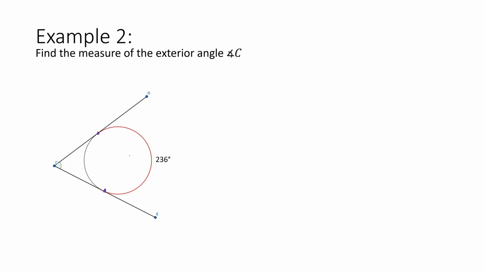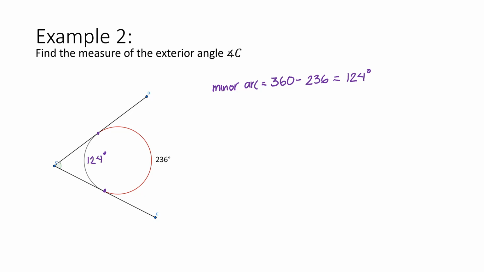So that's 360 degrees. So I can determine the measure of the smaller arc by subtracting 236 from 360. So the minor arc is going to be 360 degrees minus 236. And that gives us 124 degrees.